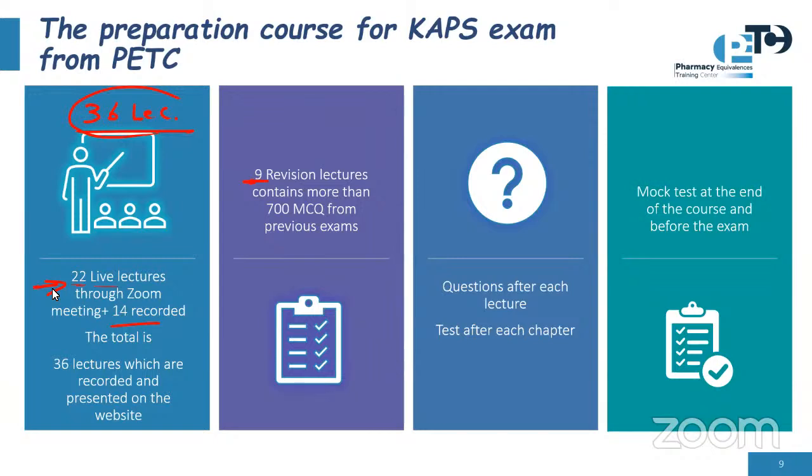So in each lecture we have a very huge amount of MCQs from previous exams, complete MCQs, not like the recalls that are available. They are called recalls, but full recalls, full questions from previous exams with full choices, so that you know the information in the right way.